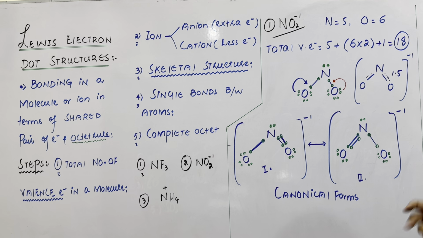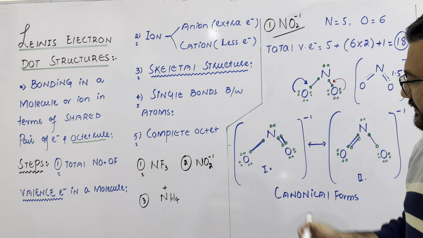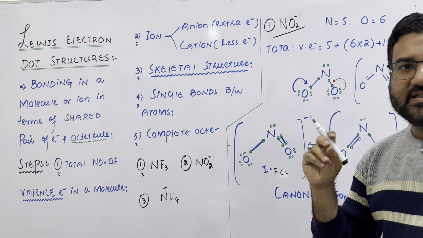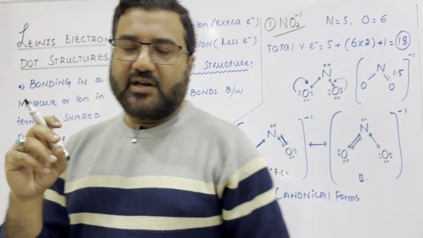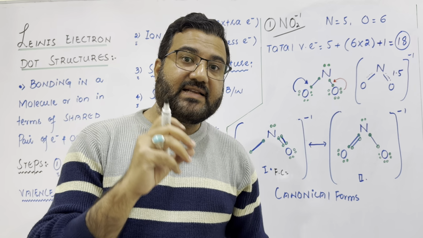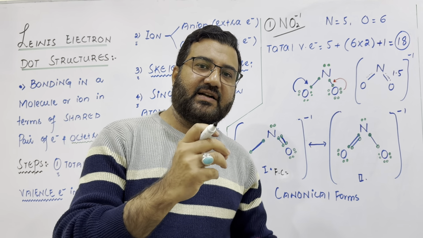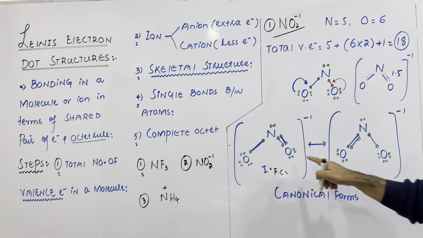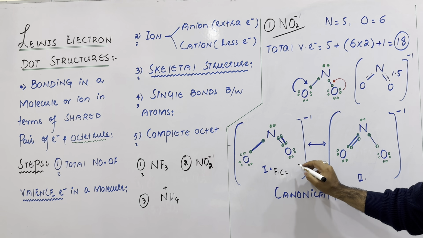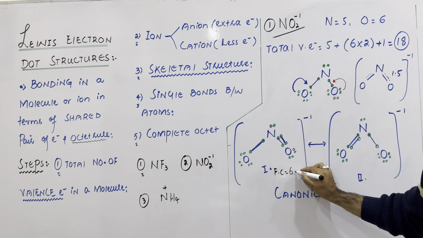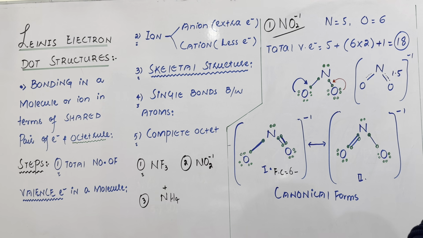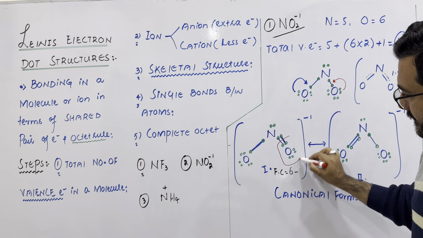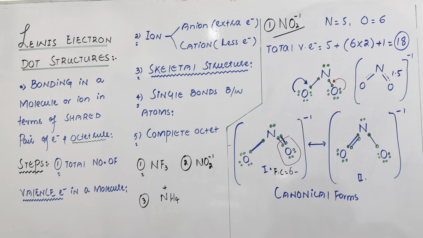My dear students, let us now find the formal charge. Dear students, listen very carefully: formal charge is equal to the number of valence electrons minus the number of electrons that an atom has in its Lewis structure. To calculate the formal charge of this oxygen, its valence electrons are 6 minus how many electrons it has in this Lewis dot structure?